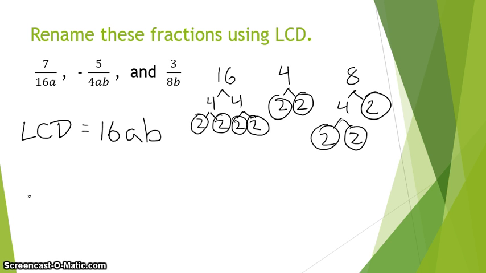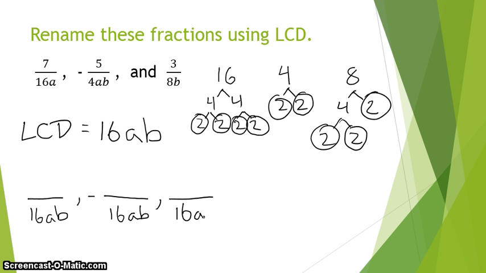So now I'm going to rewrite my fraction. So I have my first one is a positive, my second one is a negative, my third one is a positive. And I'm going to write this as my new denominator. So I have 16AB on the bottom on every one of them. So now, how do I get from 16 to 16?